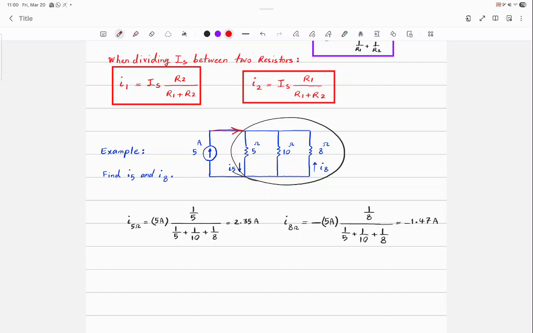So all the small pipes are going to get some current going down. Am I making sense here? The big pipe is the 5 amps, pushing current into the 3 combination resistors. Now, all of them should have some currents coming down because of the push of the source. Because I8 is in the opposite direction of the current being pushed down, it becomes negative.